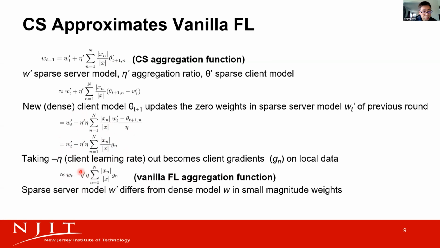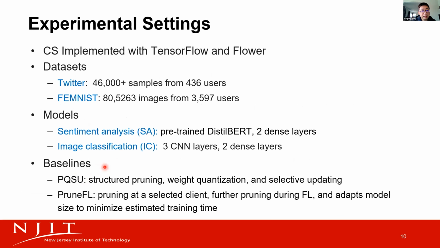So in this function, we can see the overall learning rate is the aggregation ratio together with the client learning rate. So in the next few slides, I will show you some evaluation of this process.